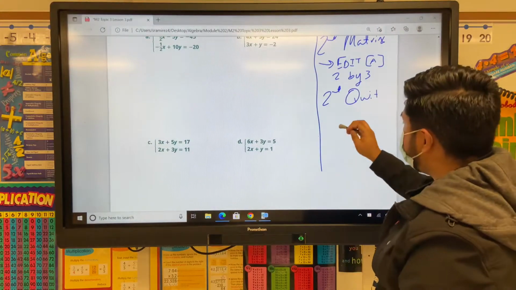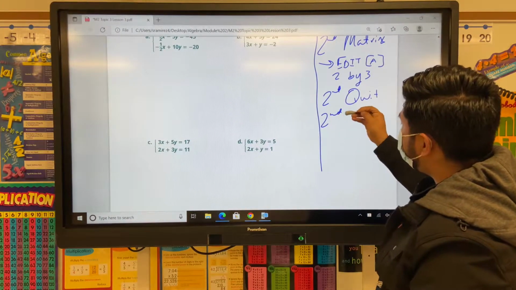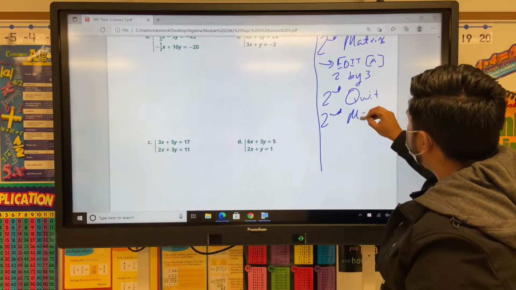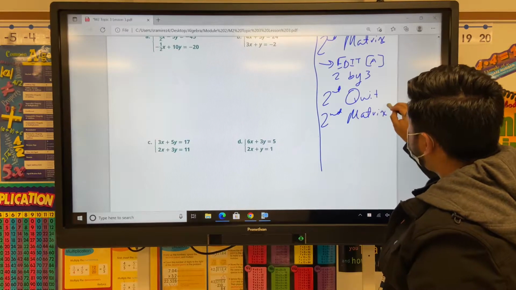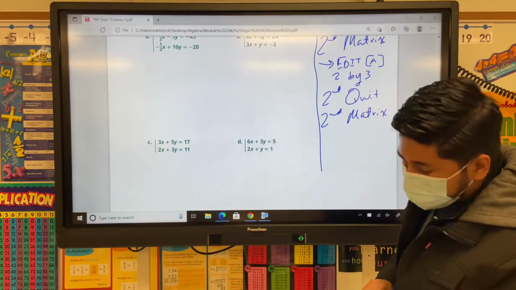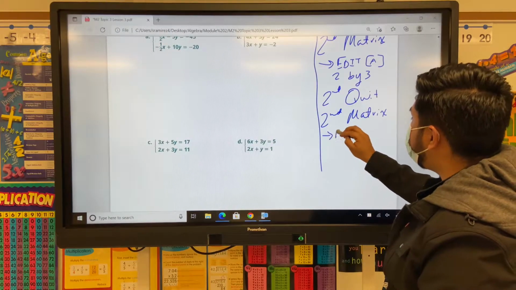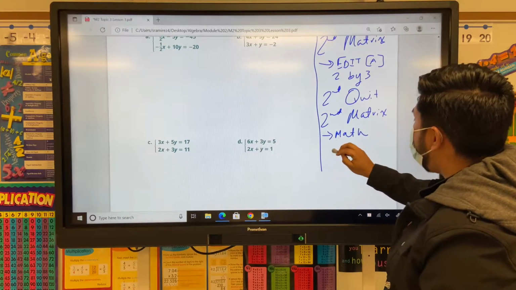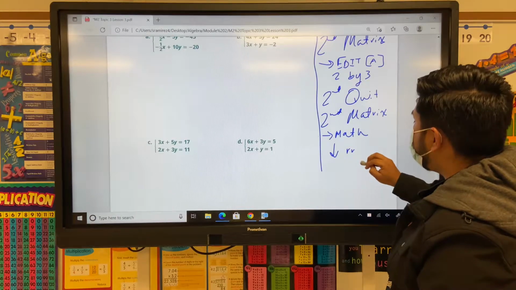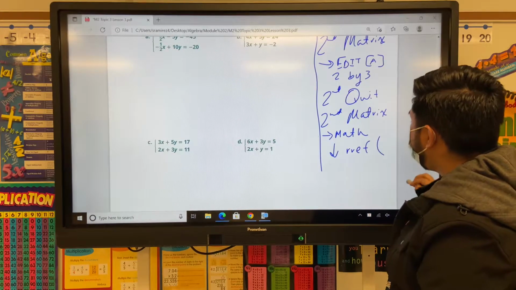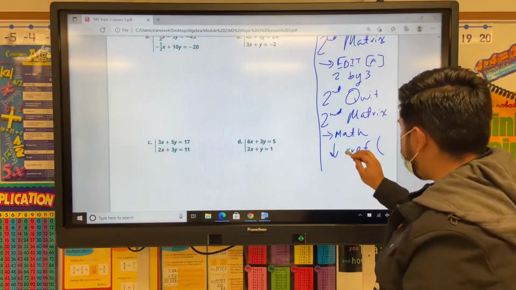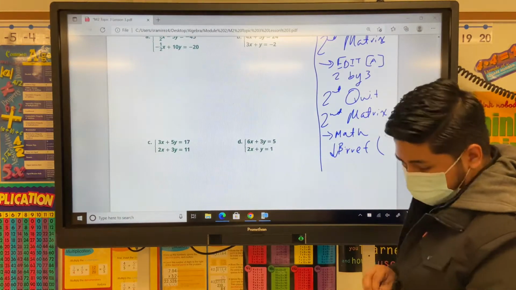After that, we're going to do second matrix again. This time you're going to go side to math, and then down to reduce echelon form, which is B. I forgot the B, sorry, on your calculator.